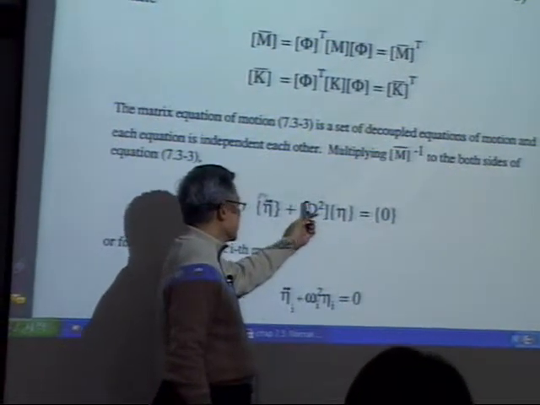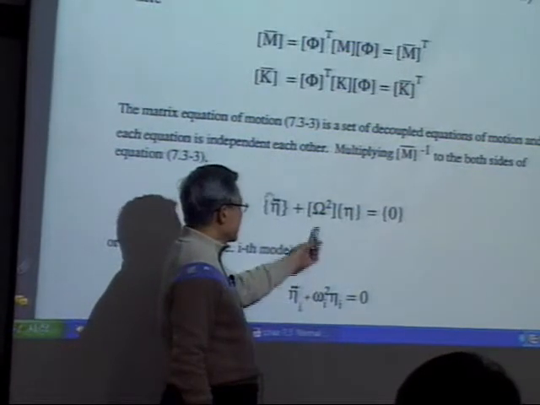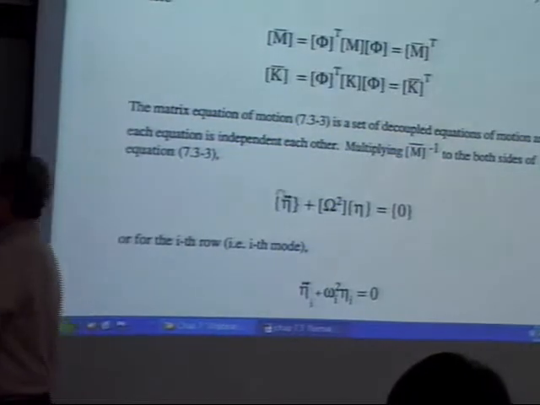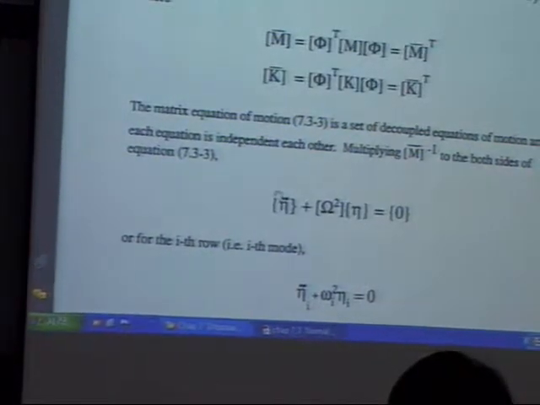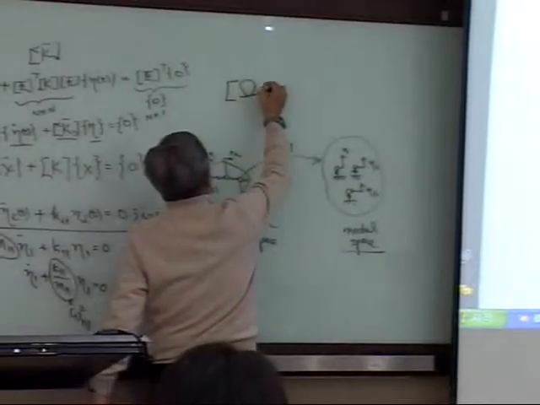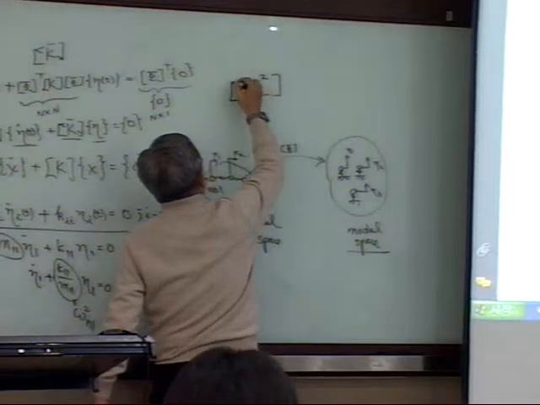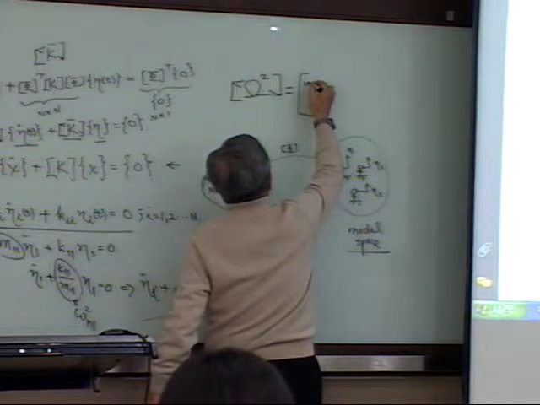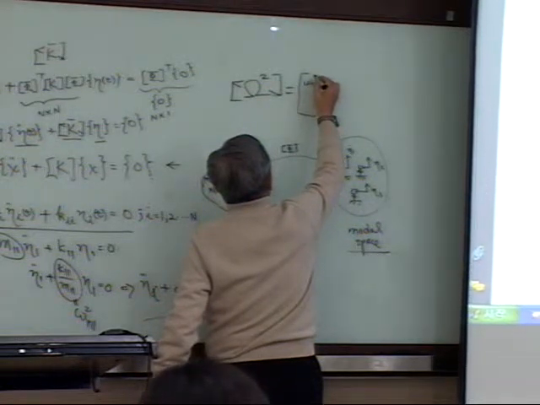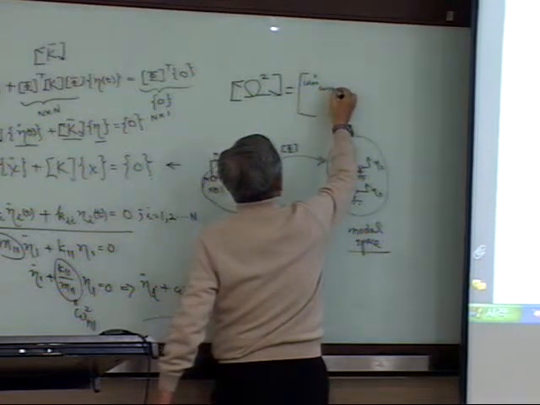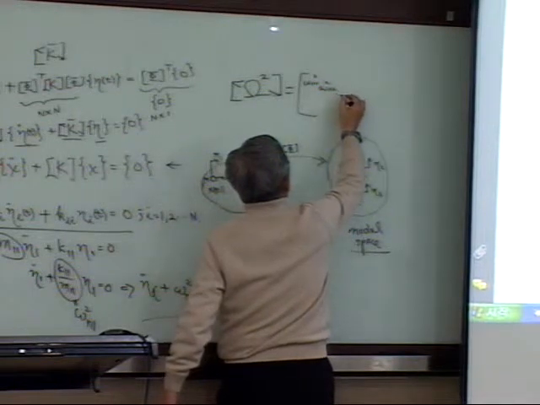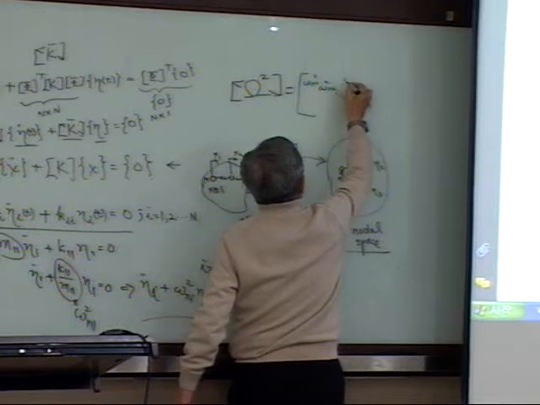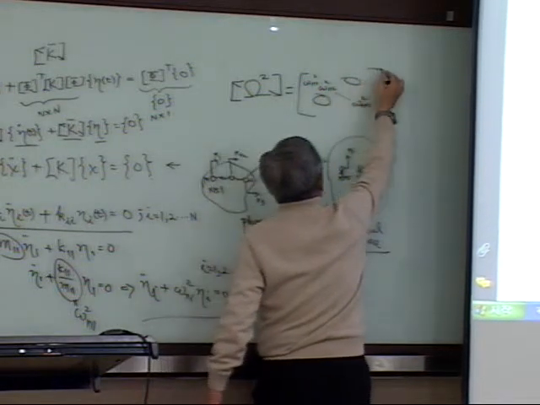eta. Put this all together into matrix form. The omega square is a diagonal matrix here, which is omega n1 square, omega n2 square, all the way through omega nn square. All others are 0.